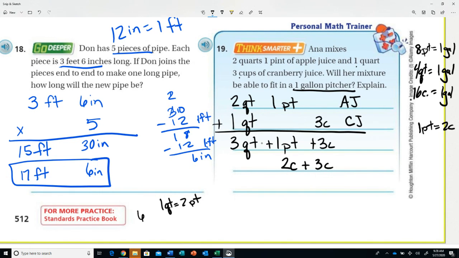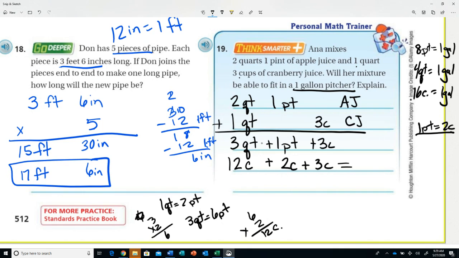I have 3 quarts times 2, which is going to give me 6 pints. So 3 quarts equals 6 pints. Stay with me. And then I'm going to come back over here to 1 pint equaling 2 cups. So now that I have 6 pints, I'm going to multiply that by 2 and get 12 cups. So now I know that 3 quarts equals 12 cups.